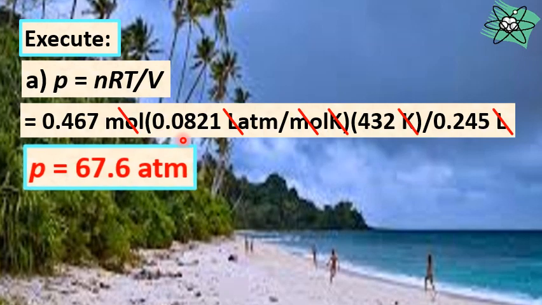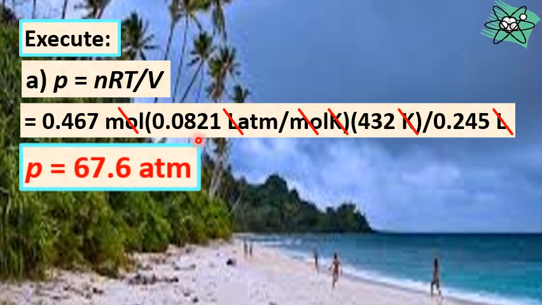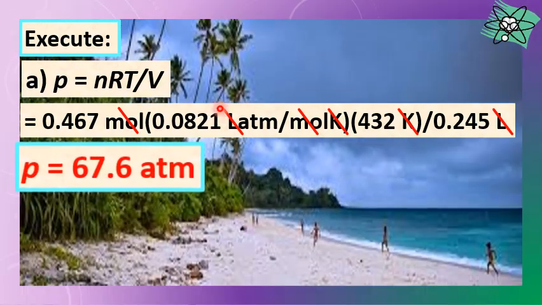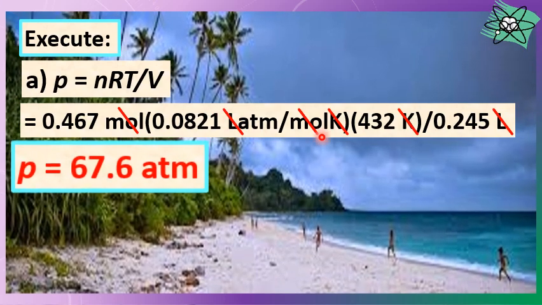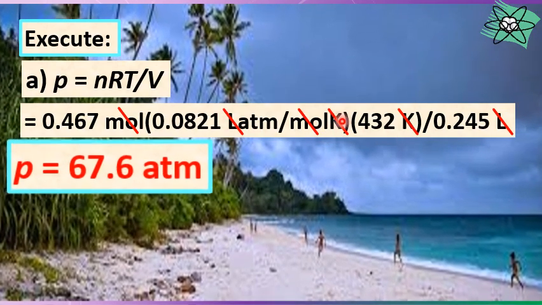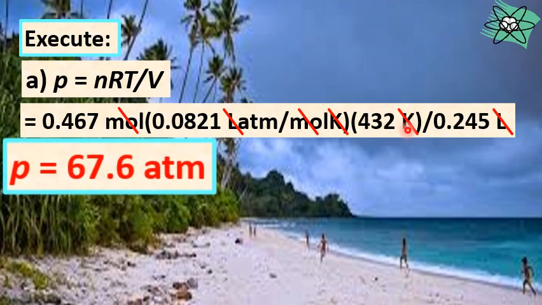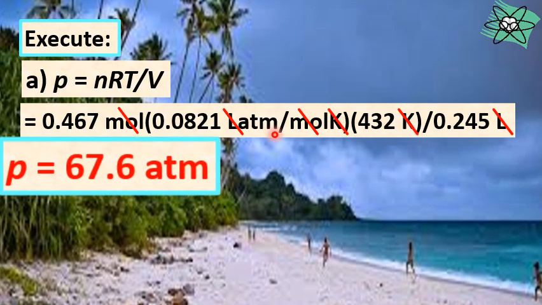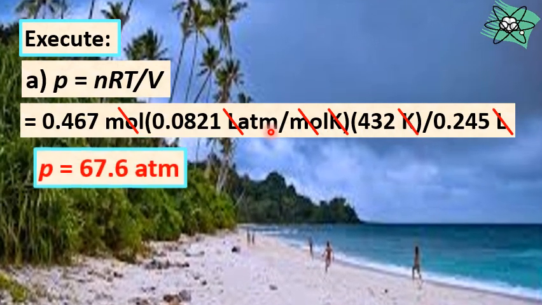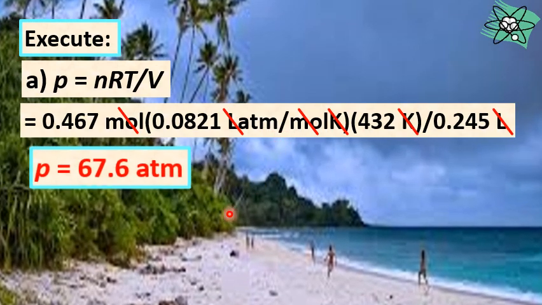Take note, the unit mole cancels out. The unit per volume liter and the temperature unit Kelvin are also cancelled, leaving behind the expected unit for pressure, which is atmosphere.